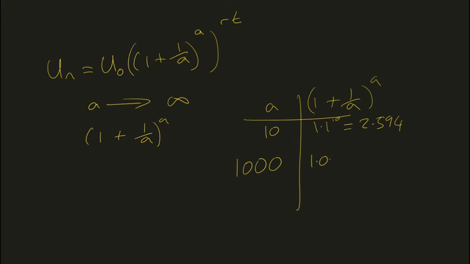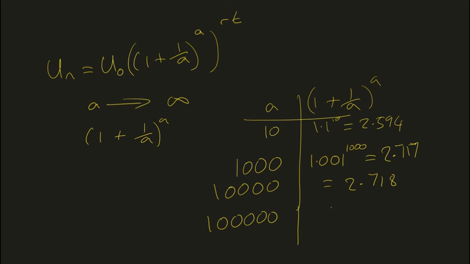Well, we'd have 1.001 to the power of 1,000, and this is 2.717. If we go a little bit further than that, maybe to 10,000, if we work that out, we would have 2.718. And then if we go to 100,000, this would come out, if we inputted it again, 2.718.